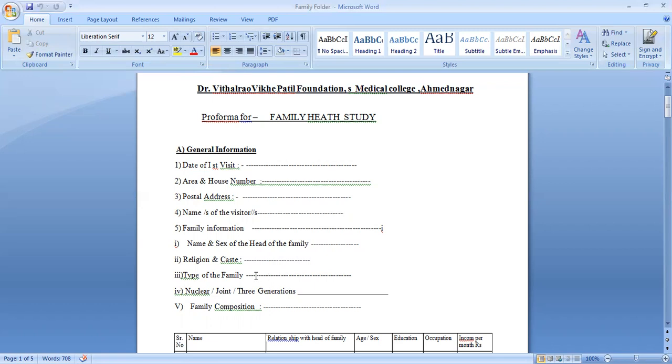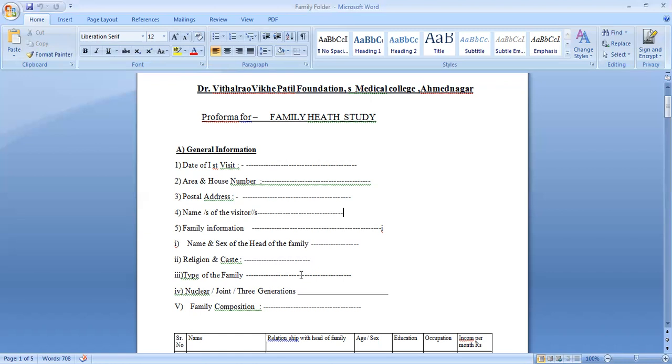Then you have to write the type of the family, whether it is a nuclear family, that means only husband and wife are residing there, or a joint family, that means there are multiple married couples, maybe many brothers and their families residing there.